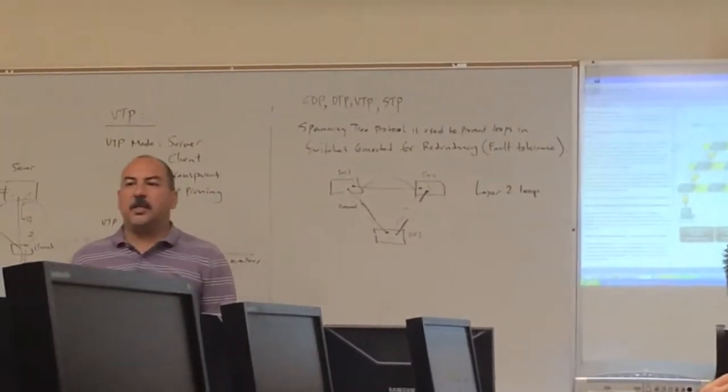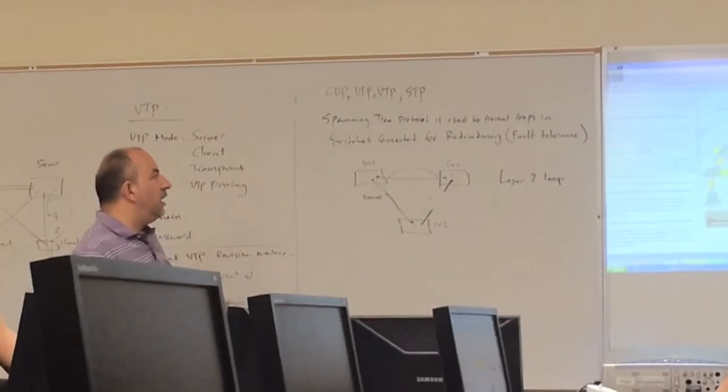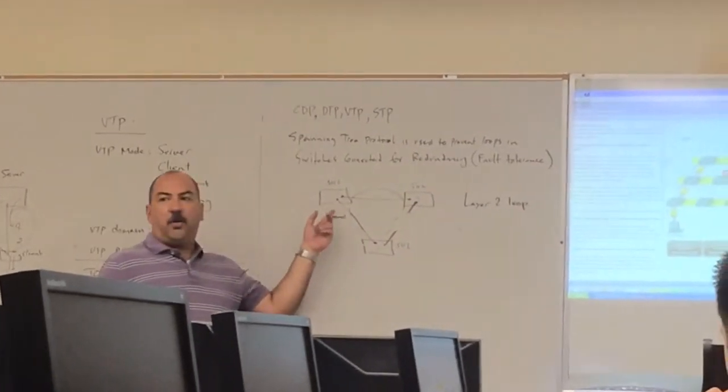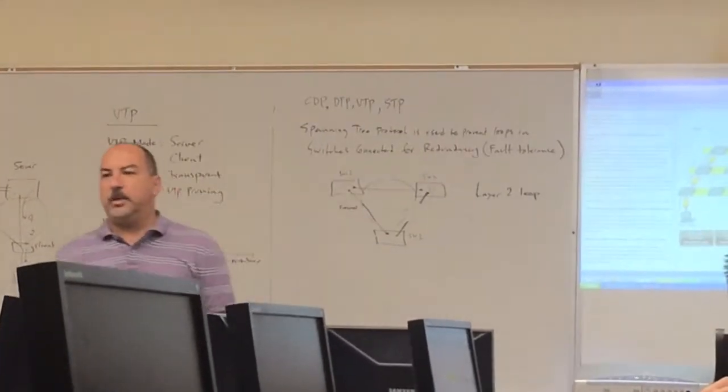So that's what the Spanning Tree Protocol does. The job of the Spanning Tree Protocol is to put some of these ports in blocking mode so that it breaks the loop in the switches.